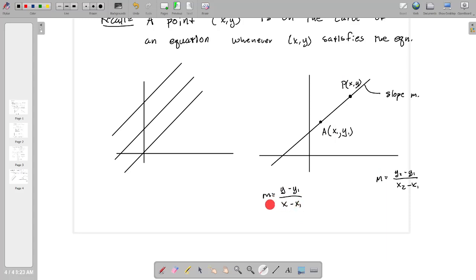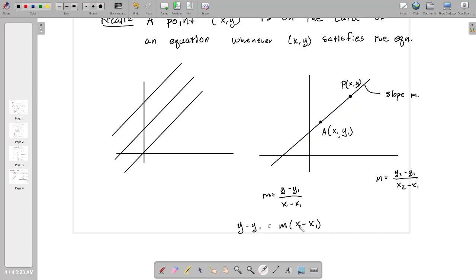Now if I multiply my (x minus x1) over, then I end up with y minus y1 is equal to m times (x minus x1). Now we have an x and a y, and y1, x1, and an m. So if we know the point (x1, y1), and we know the slope, then we have an equation that defines this line.